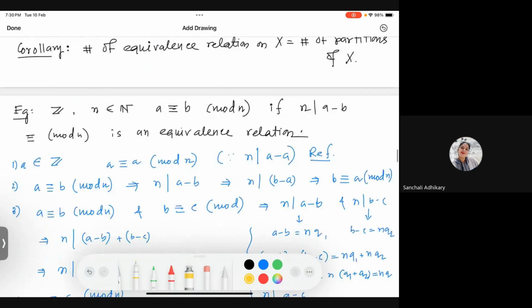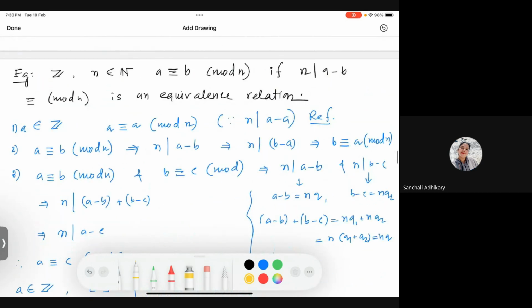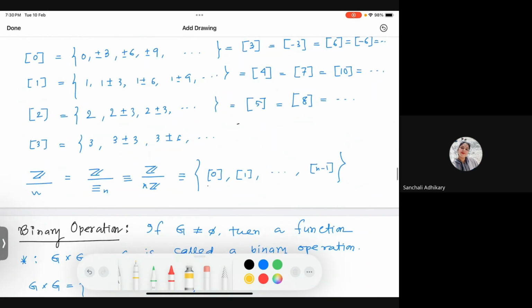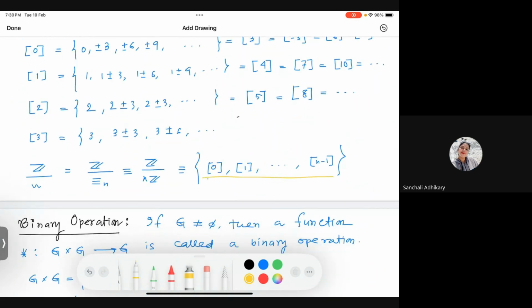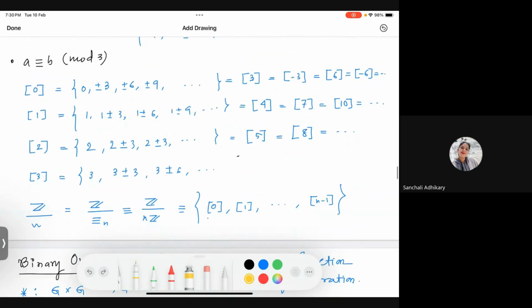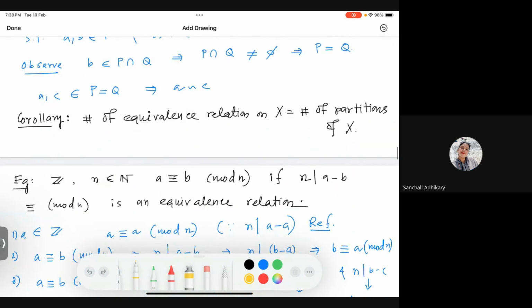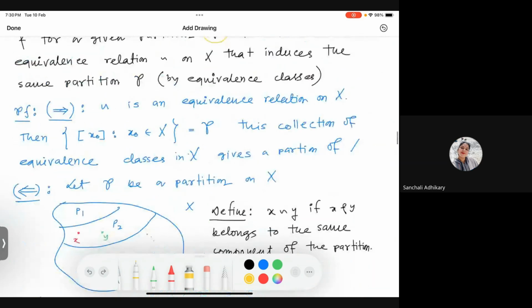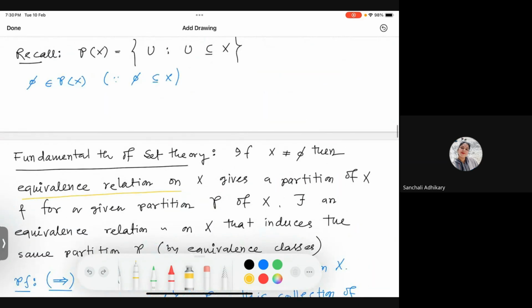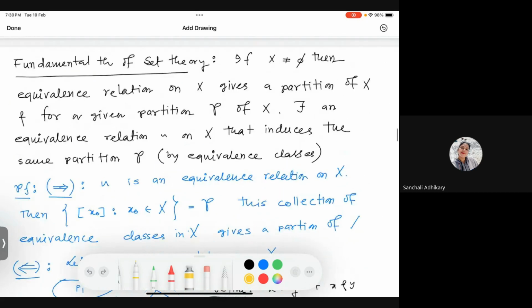See, in this example, for this equivalence relation, you get this partition. Similarly, for every partition, you will get an equivalence relation.